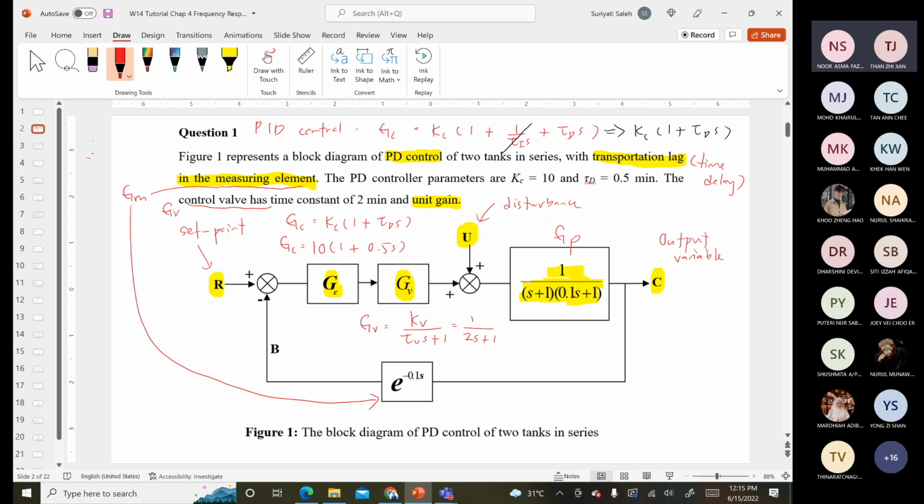The GC is based on the PD control, which is GC equal to 10 in bracket 1 plus 0.5 s. And your GV is 1 over 2s plus 1, and the GM in this case is e to the power of negative 0.1 s. So this is the information that has been extracted from the given sentences. Any question?